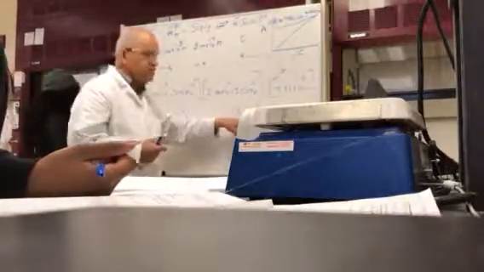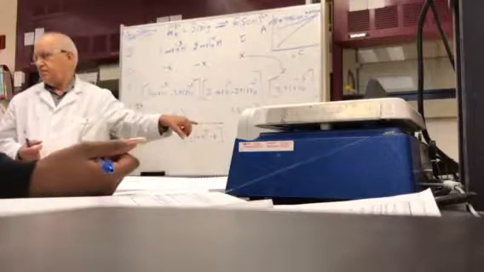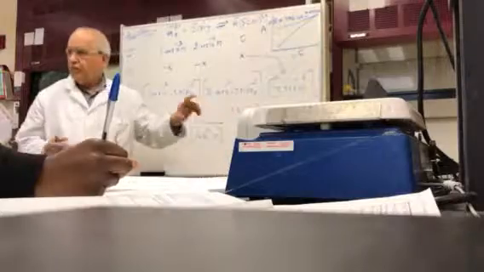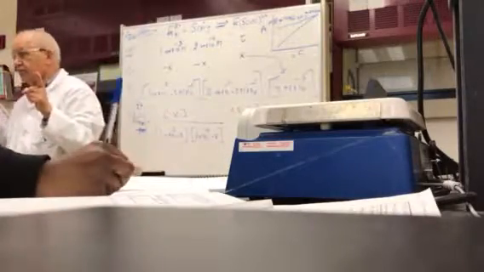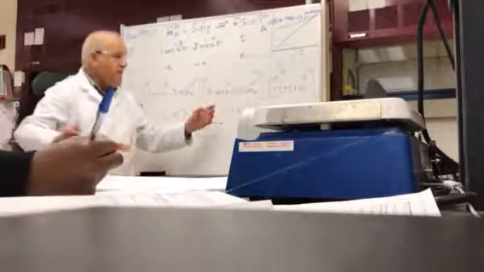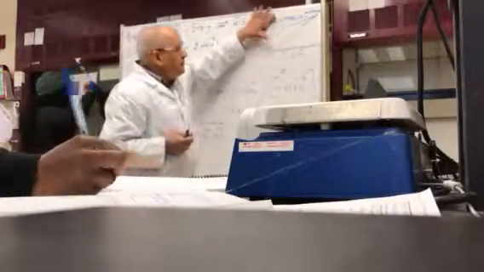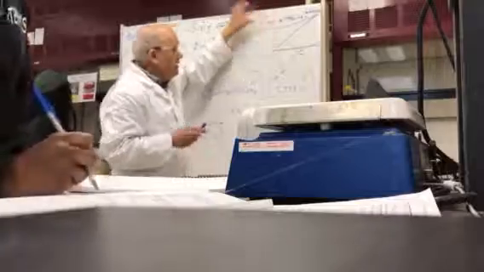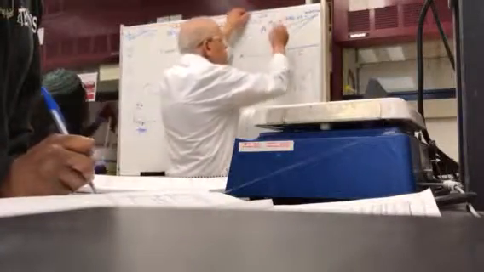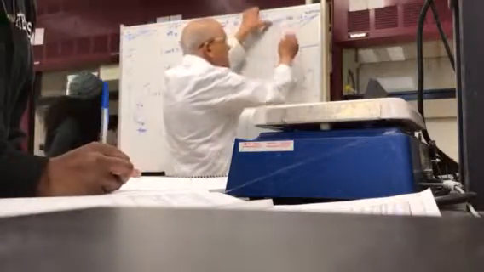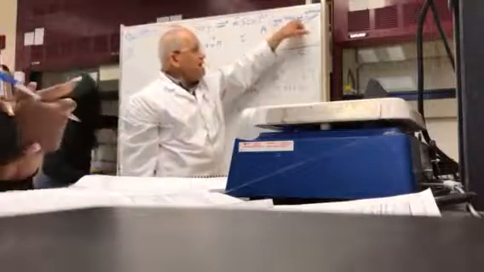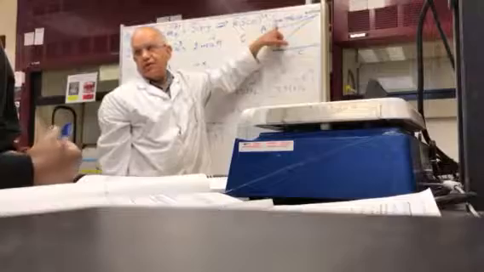Then we go back to our linear graph here, which is y equals this, and substitute the x we came up with from here, and find what the absorbance is, and compare it to the one you measured.